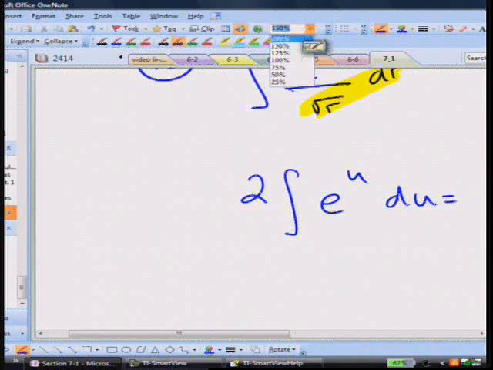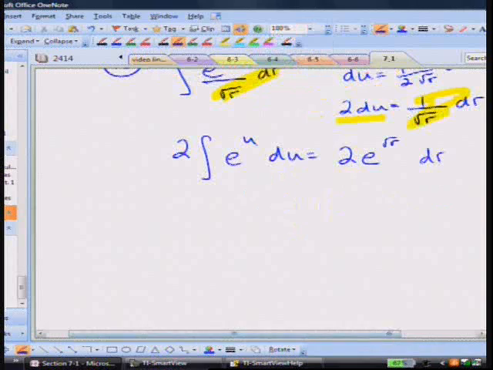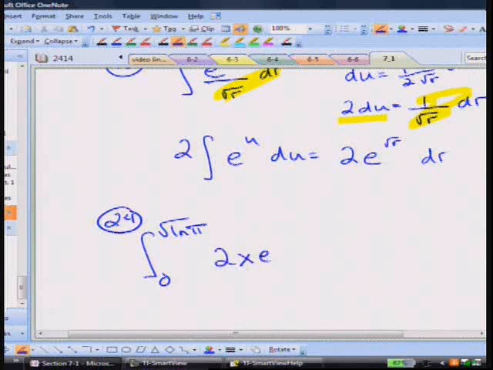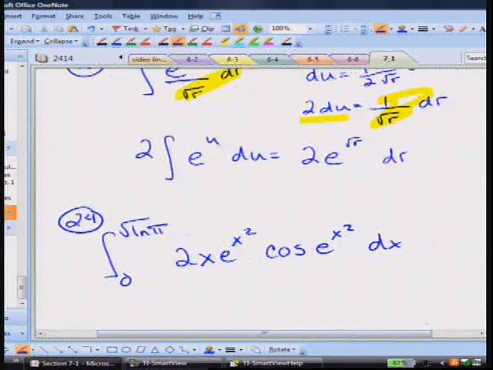Everything's big now, hold on. It's the integral from 0 to the square root of ln pi of 2x e to the x squared cosine of e to the x squared dx. So what do you guys want your u substitution to be?